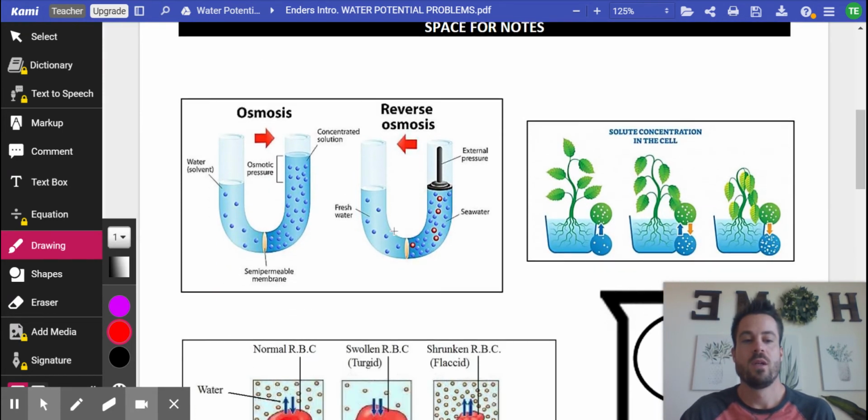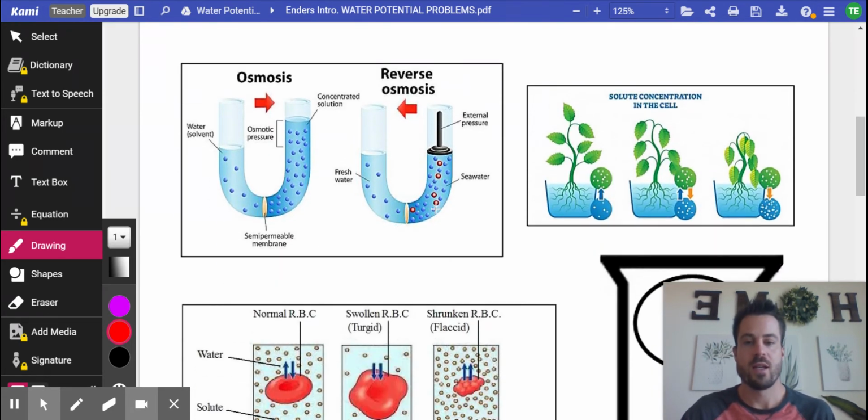So the first video here is just about conceptual understanding of this topic, water potential. Right here we've got a U-shaped test tube. Very interesting. There's more solute on the right side than on the left side.